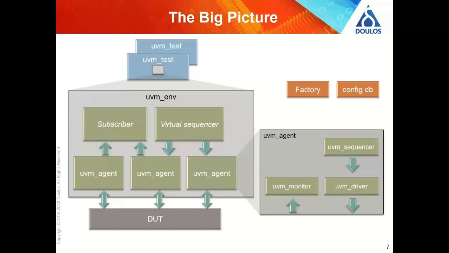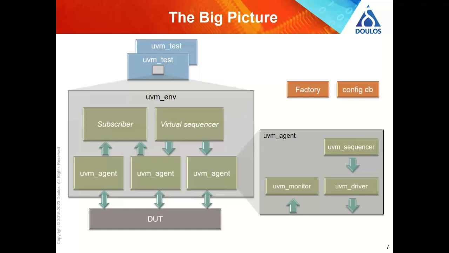It's also great for reusability because the transactions abstract away the low-level protocol details. So if we want to generate a stream of values for a particular functionality, then we're not locked into a particular protocol. The driver does a translation going to the DUT. The monitor does an inverse translation to generate transactions back from pin wiggles on the bus.